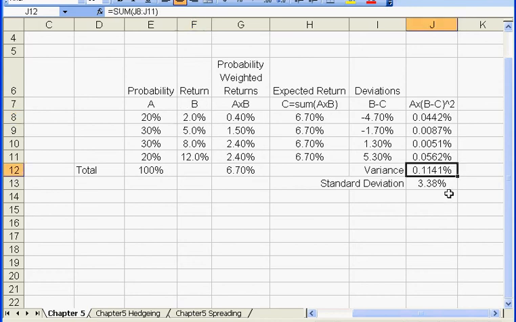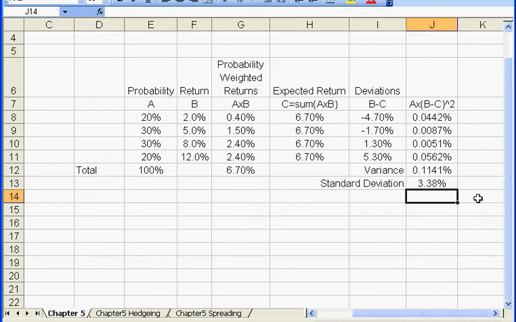So to make this number in the same unit as the expected returns or the random returns, I need to scale it back by taking a square root, right, to the power of a half. And then I take the square root. I get the so-called standard deviation.